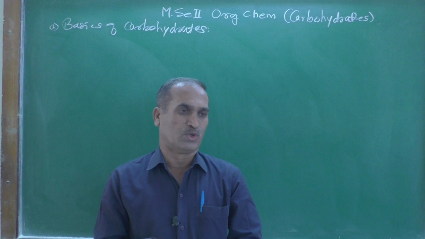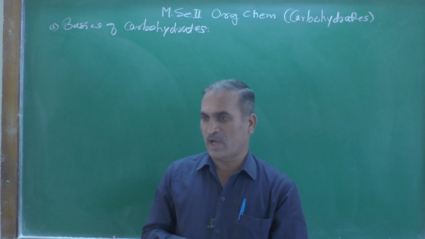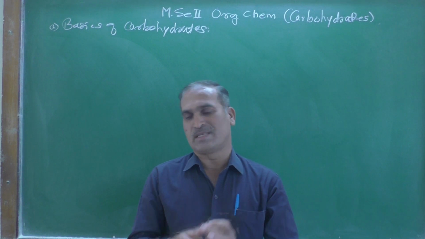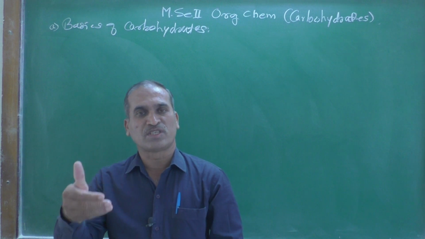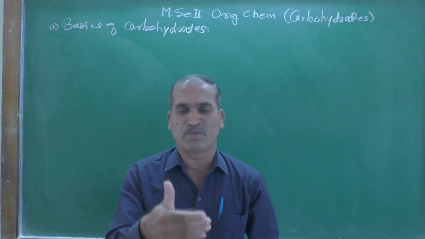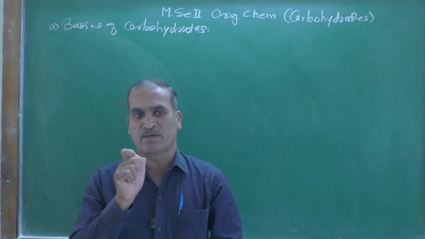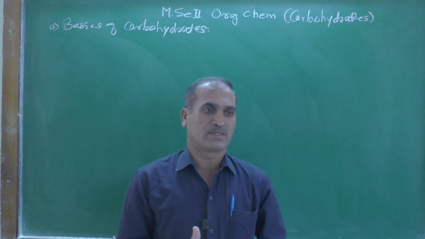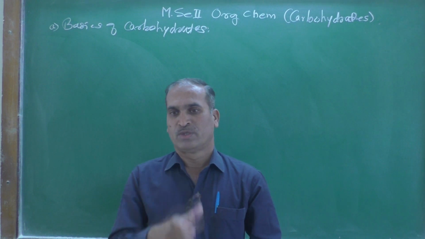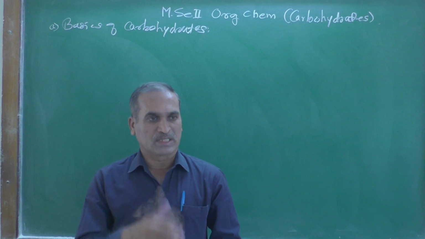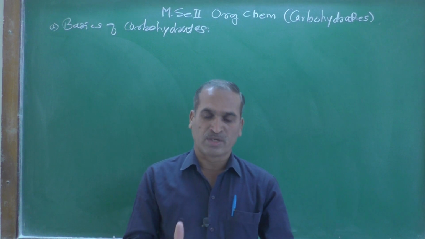And once you know the structure of the organic compound, we can easily find out its physical properties as well as chemical properties. That is the main purpose behind determining the structure of an unknown compound.